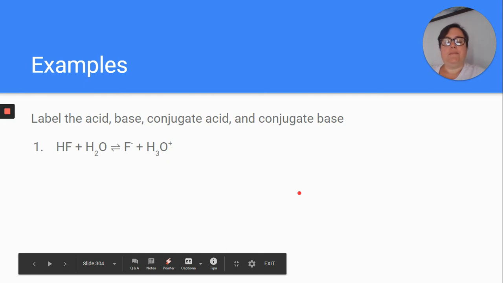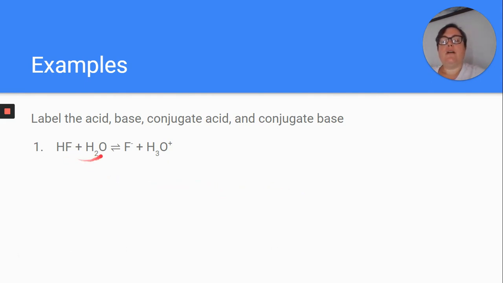So let's get labeling. Since water is amphoteric, if you have water as a reactant, you want to ignore it and figure out the other thing first. So here we have HF. It starts with an H, so we know it's an acid. If it starts with an H, it's an acid. The H then is going to get donated because it's an acid, and acids donate protons or are proton donors.